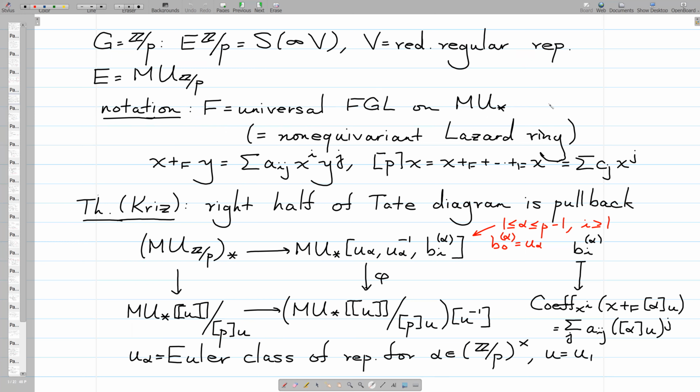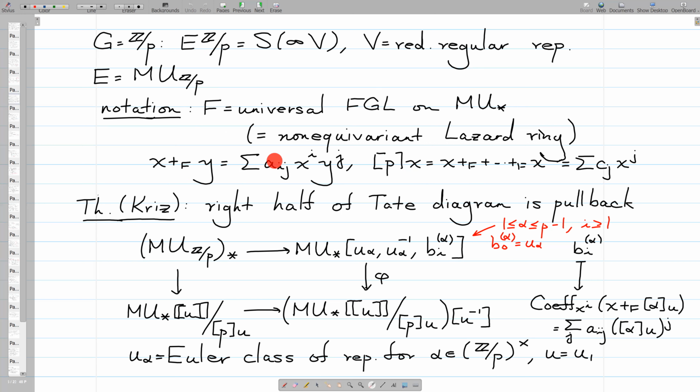So here's something else I wrote notationally. We know that mu star is the non-equivariant Lazard ring. It has a universal formal group law on it. So the p-series of variable x, first of all, x plus_F y is just F(x,y), where F is the universal formal group law.